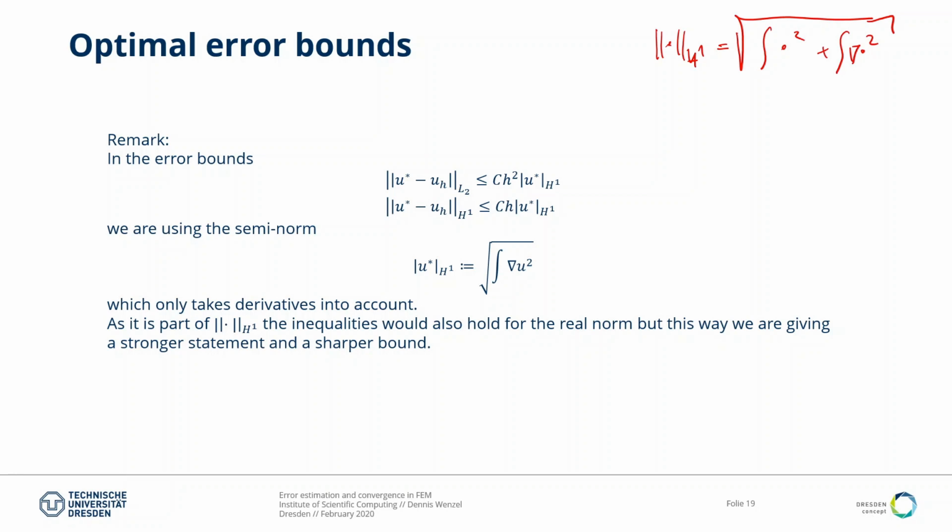If the function values are big, this is no problem. Big function values don't give you a big error bound here. Okay? So you can have constant functions that are super big, it still gives you a very small error bound. And that's pretty instructive, because it doesn't really matter what the values of your exact solution are.